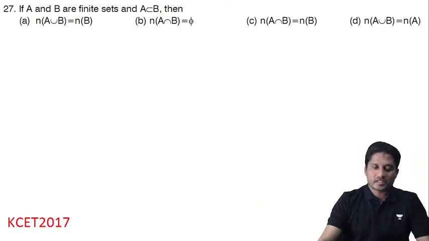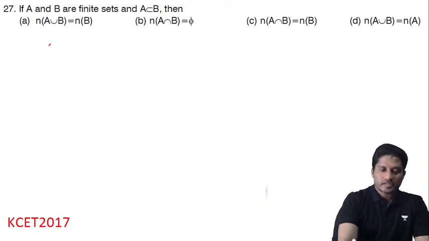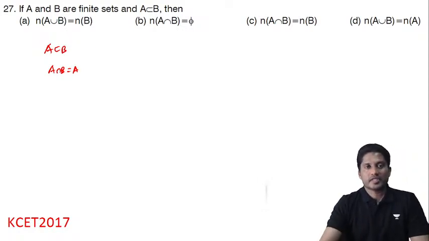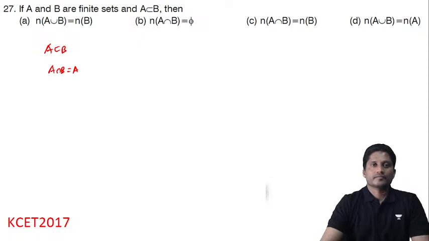Okay, now if A is a subset of B, then obviously A intersection B is equal to A, right? A is present in B, intersection should be A only.